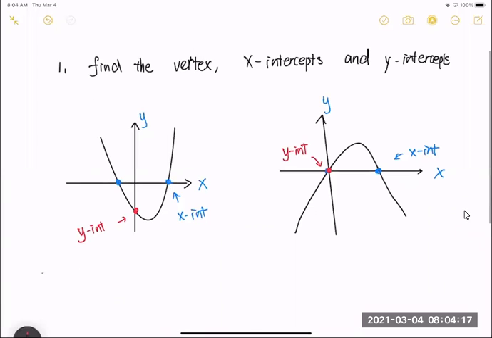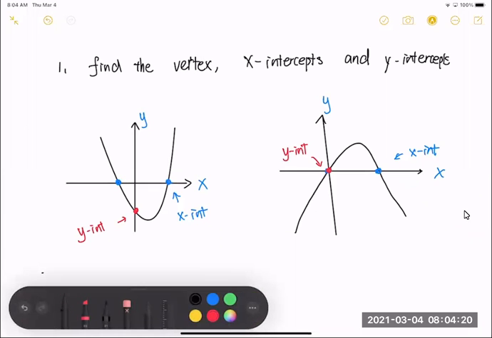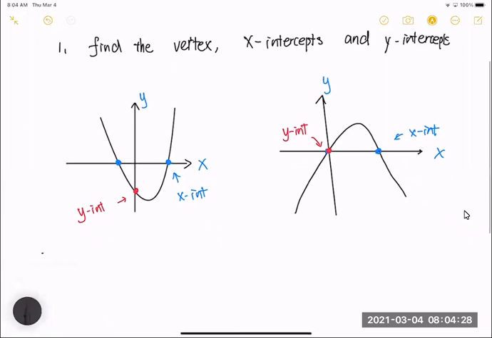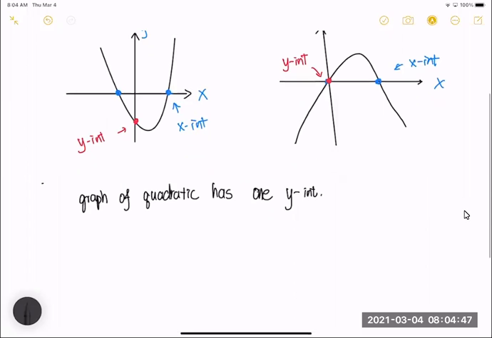Okay, actually, for the y-intercept, each graph will have at least one y-intercept. But for x-intercepts, sometimes you will have two x-intercepts, sometimes you will have one x-intercept, and sometimes you don't have any x-intercept.